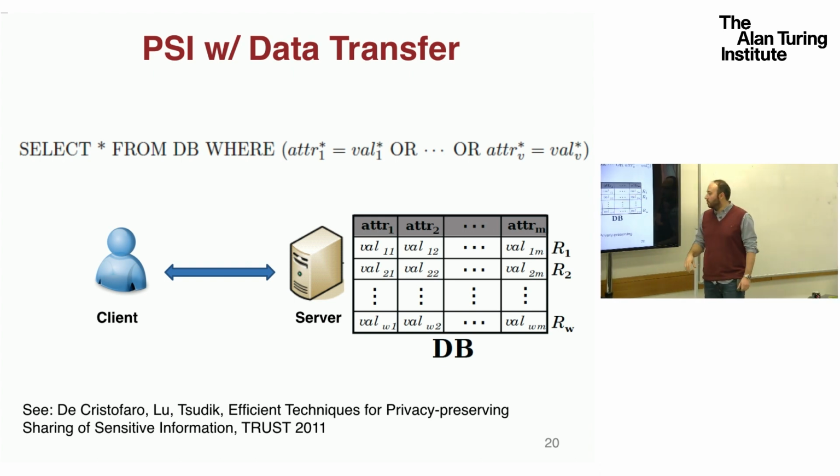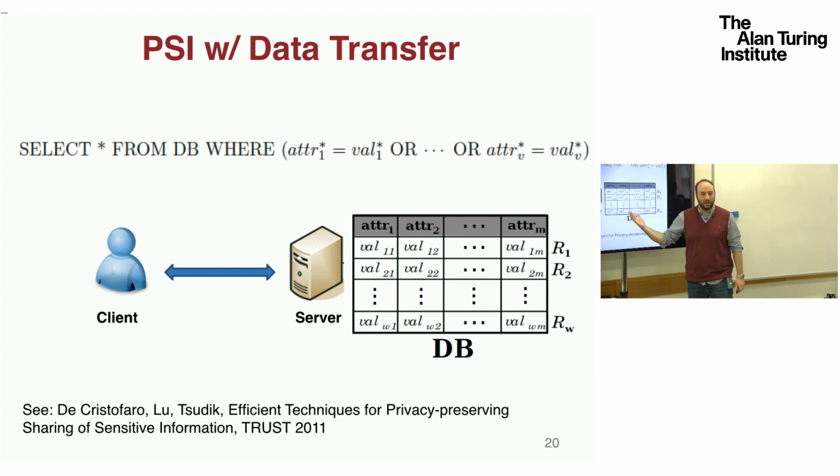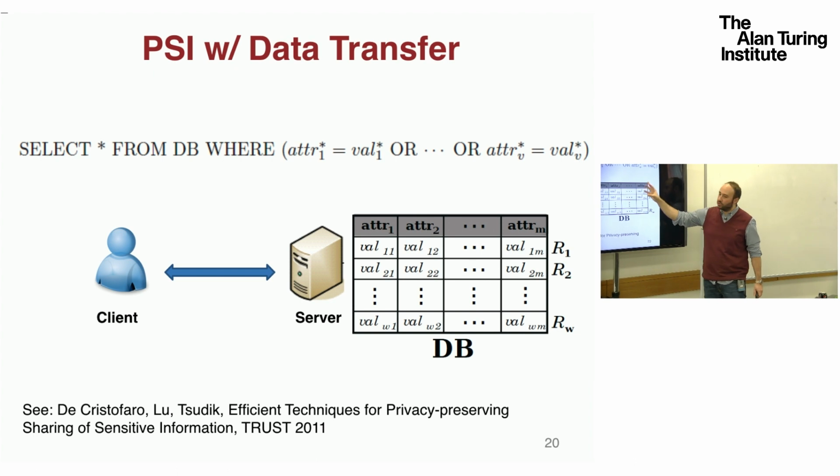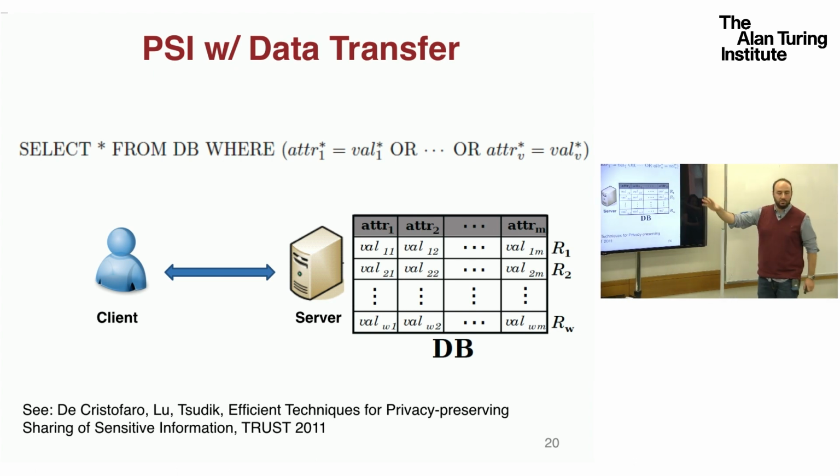This was part of this IARPA project, and there was some follow-up work where you can do conjunctive queries and some other more complicated database queries. But again, that would require a whole hour just spent on this kind of database application.